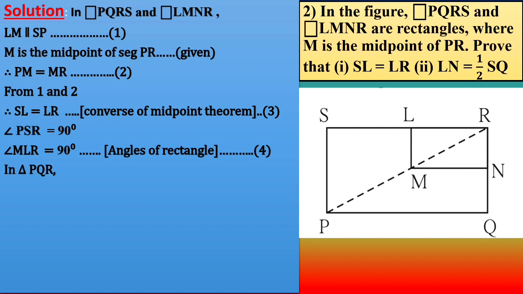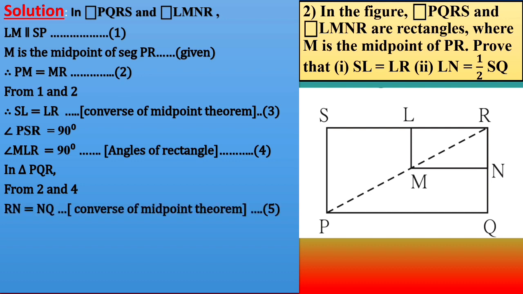Now in triangle PQR, take triangle PQR. From second and fourth, we understand that RN is also equal to NQ by the converse of the midpoint theorem. Now take the triangle SQR.